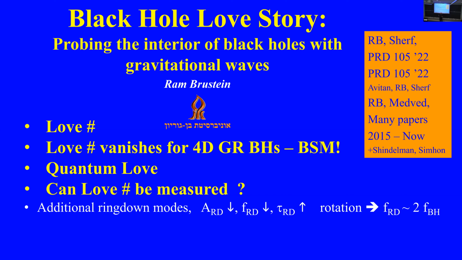When the black hole is rotating, a small miracle happens because the frequencies of these additional quasi-normal modes are spun up to 2 times the frequency of the rotation of the black hole. And so if you observe the actual merger, you will be able to observe them, but the lifetime is much longer. And so in this case, the amplitude of the quasi-normal modes is lower.